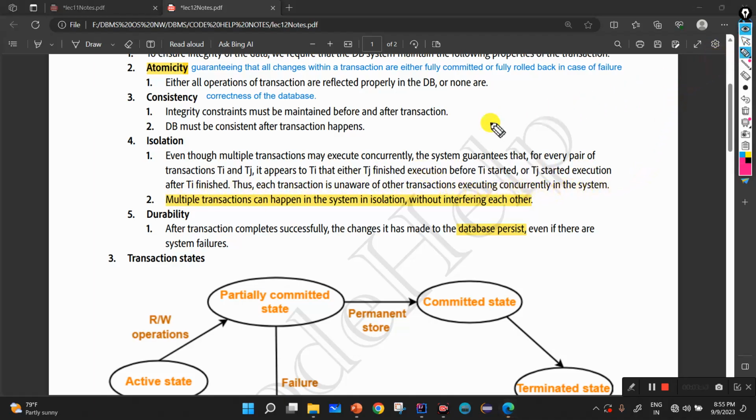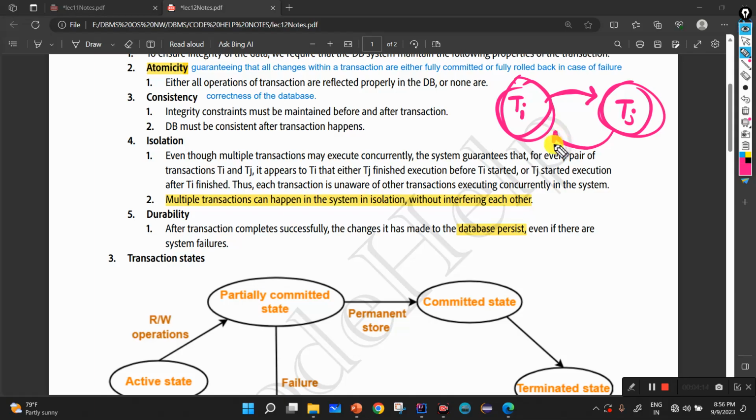Let me explain in a simple manner. Isolation means every transaction, let's suppose transaction Ti and transaction Tj, should be isolated. The impact of Ti should not affect Tj, and Tj's completion should not affect Ti. They are all executed separately.